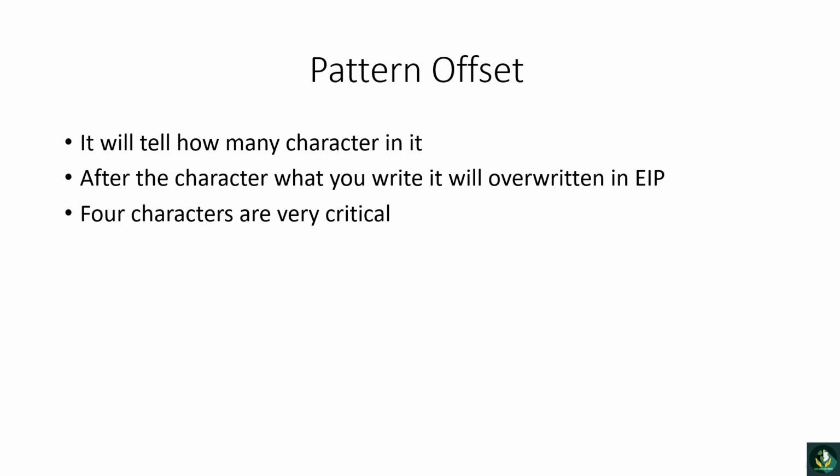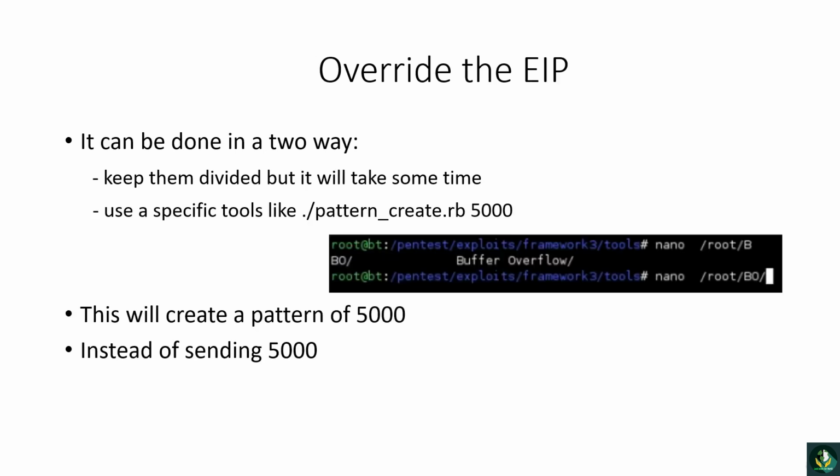I can do that in different ways. One way is to keep them in a system. So I can, for instance, send 1000 A's and 1000 B's and 1000 C's and 1000 D's and E's.